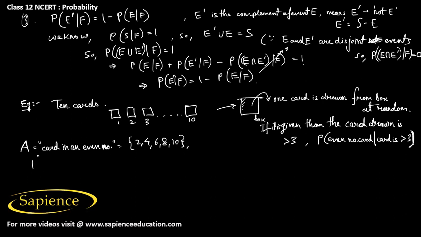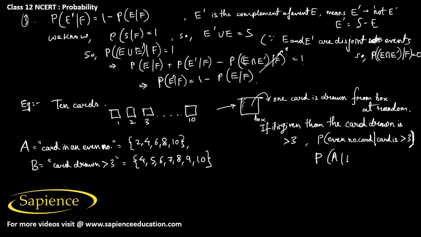And the event B is defined as the card drawn is greater than 3, so that will contain 4, 5, 6, 7, 8, 9, and 10. Here we need to find the probability of the event A given that B has already happened. It means we have to find P of A given B.